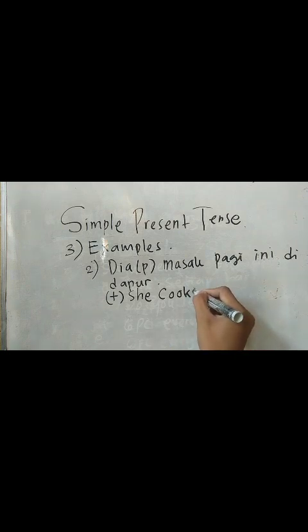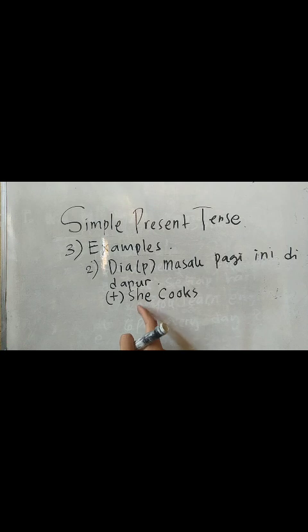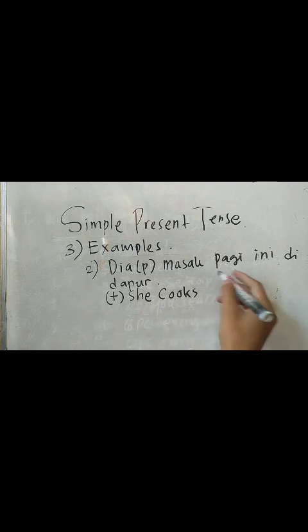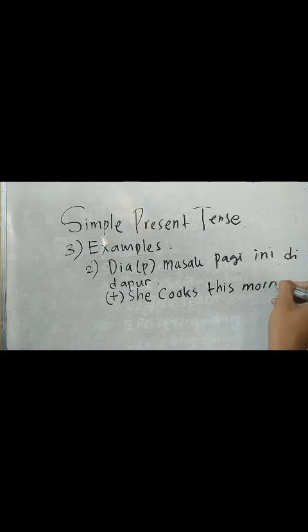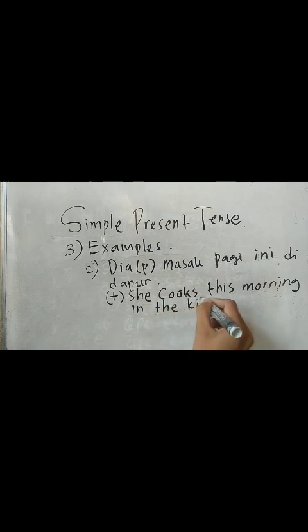So we have to put s here. It's going to be she cooks. Pagi ini is this morning. Di dapur. What is di dapur? Dapur is kitchen, ya. In the kitchen.